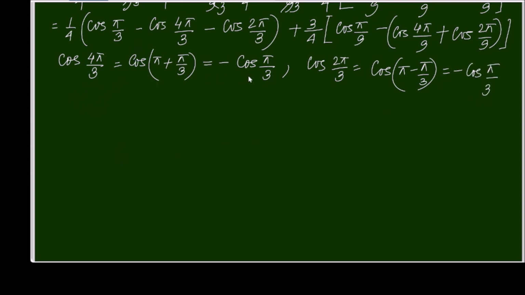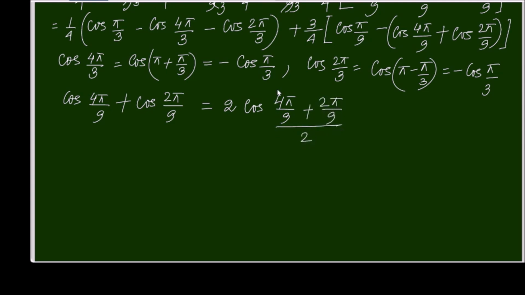So for the first term, two formulas will apply. And for the second one, I'll apply cos 4 pi by 9 plus cos 2 pi by 9. That will be cos A plus cos B equals 2 cos of (A plus B) by 2 into cos of (A minus B) by 2: 4 pi by 9 plus 2 pi by 9 whole divided by 2, cos (A minus B) by 2, 4 pi by 9 minus 2 pi by 9 whole divided by 2.